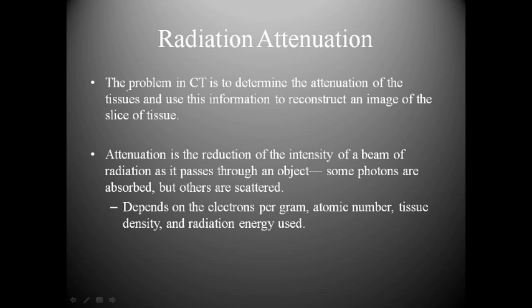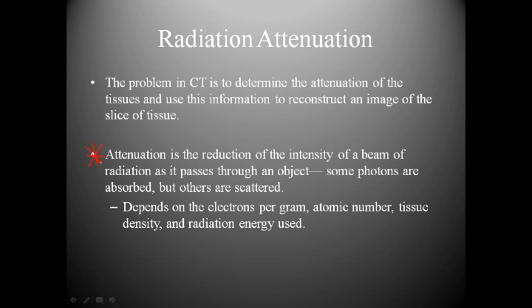So with that in mind, we know that different tissues look different. And so that has to apply with CT as well. And you have to determine what type of tissues are based on the amount of attenuation, or the amount of X-ray photons that they remove from the beam. And so it's important for us to remember attenuation.